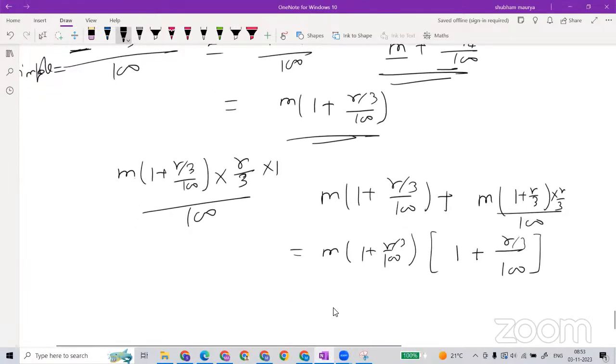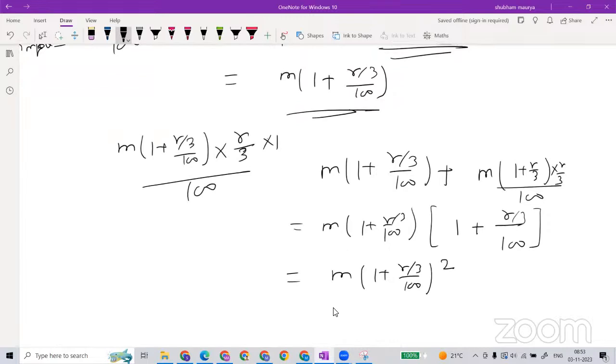So this is the compound: whatever interest you get is added, and then interest applies again. That formula is correct. So here it is M times 1 plus r by 300 squared.